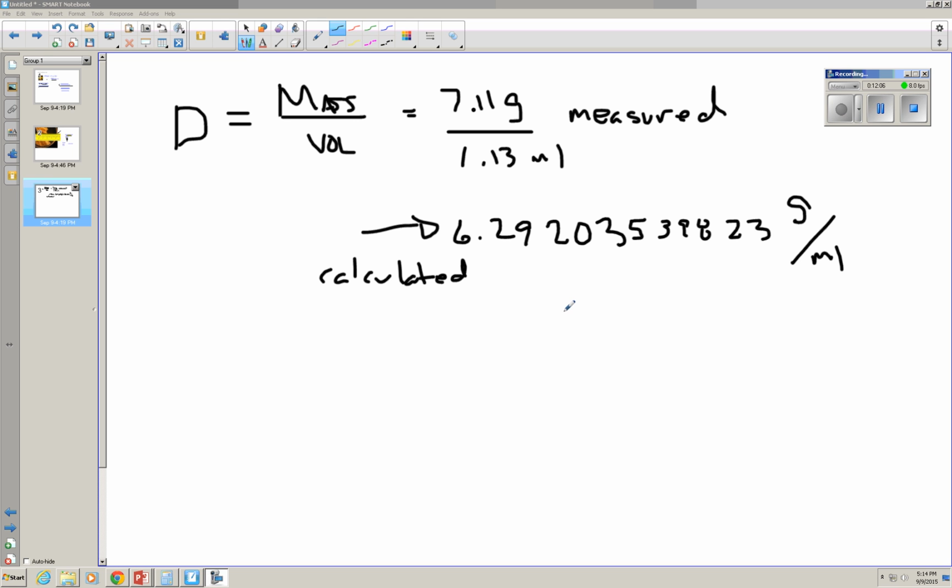So when I talk about the rules for significant figures, you will know that you have to look at the beginning numbers. Okay, this number has 1, 2, 3 significant figures. This number has 1, 2, 3. So my answer can only have 1, 2, 3 significant figures. Okay? The answer for this problem, correctly represented with all the error and all the uncertainty in these numbers, is 6.29, not this answer. So this is the rationale for using significant figures.